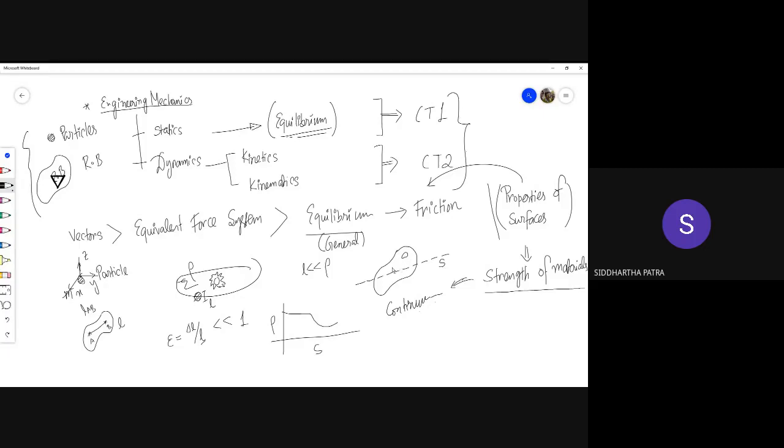Usually day-to-day real life objects are multi-grain materials, and those grains are oriented in different directions, and those grains have grain boundaries. So if I draw this diagram over here, there is one grain like this, then there is another grain like this. There is something called a grain boundary, which is the region of discontinuity.